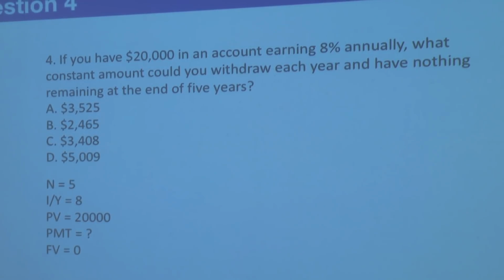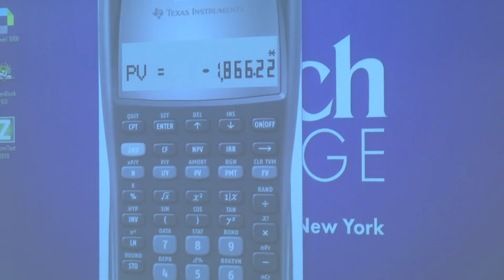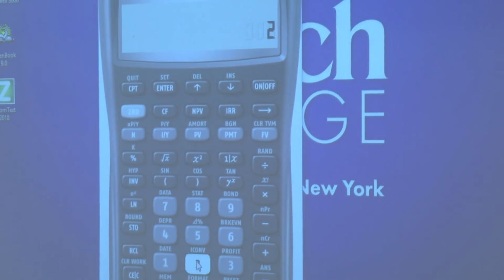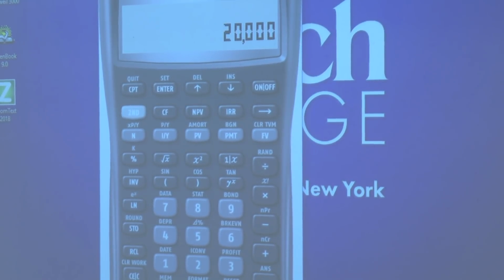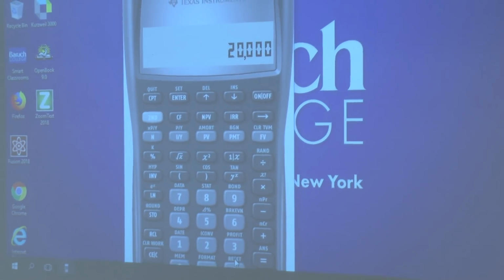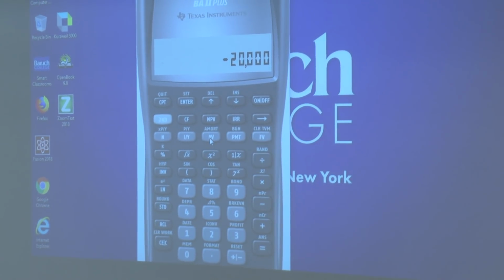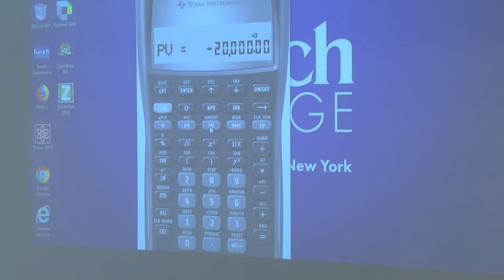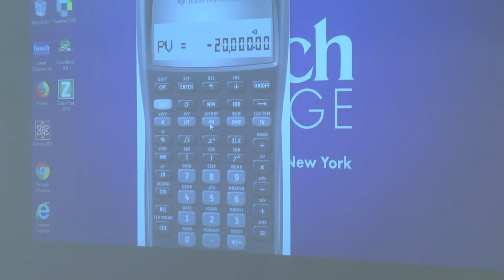But in fact, you could and maybe should, the way I remember things, make the $20,000 negative, because I put down $20,000 in an account and I will receive some positive payment.